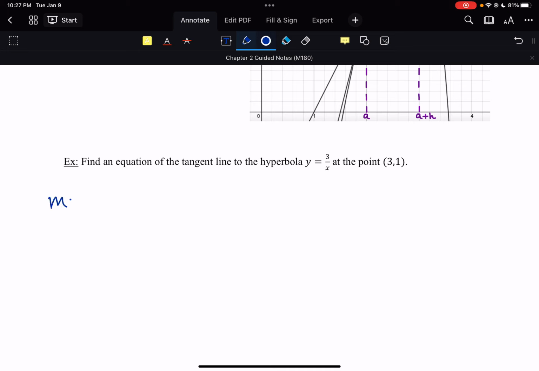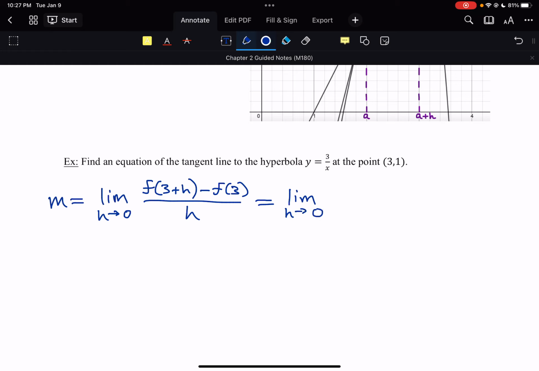So to find the slope of the tangent line first, we get the limit as h approaches 0 of f of 3 plus h minus f of 3, all over h. It's very important to maintain the limit notation consistently throughout the entire problem until you have actually taken the limit.